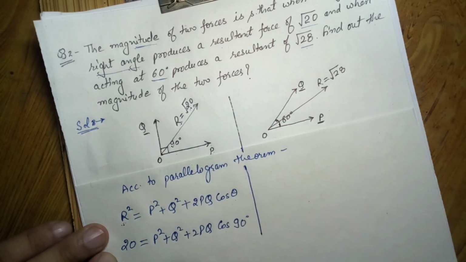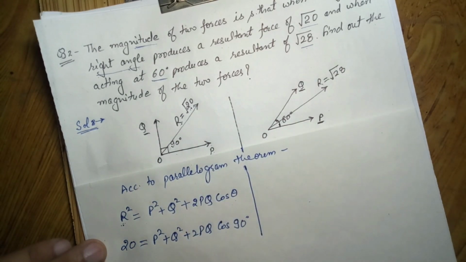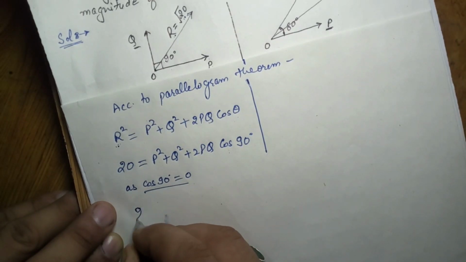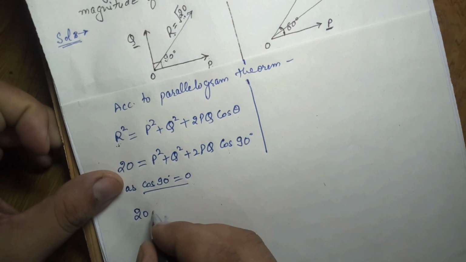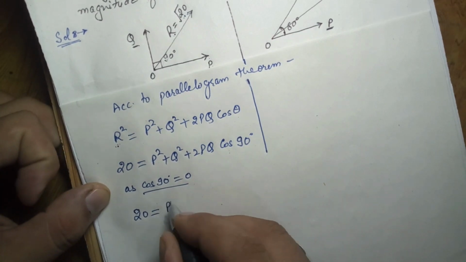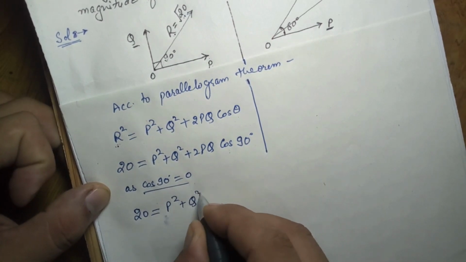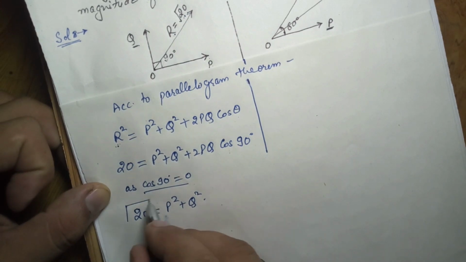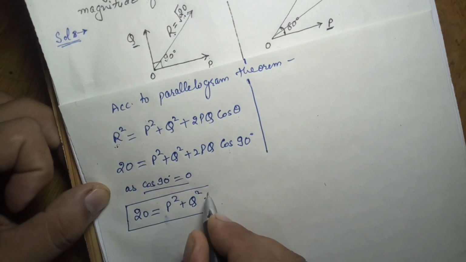Now cos 90 will be 0, so if I use this value here I can say 20 is equal to P square plus Q square, and we can call this equation 1.